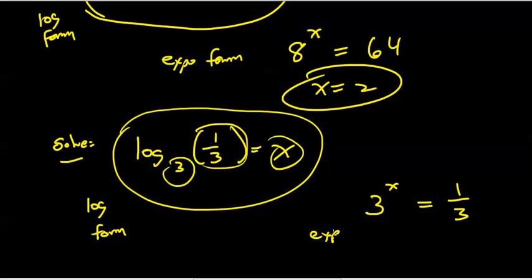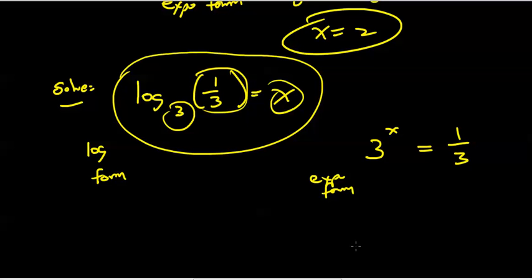This is in exponential form. And if 3 to the x is 1/3, I'm hoping you'll recognize that x has to be minus 1, right? Because 3 to the minus 1 is 1 over 3, or 1/3. So x equals negative 1 in this equation.